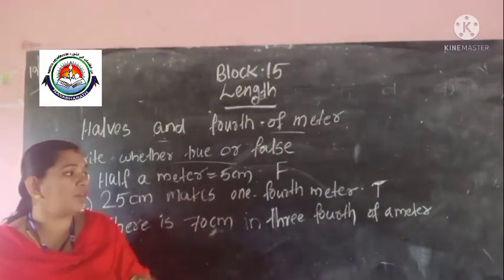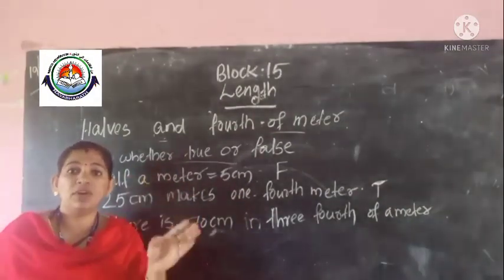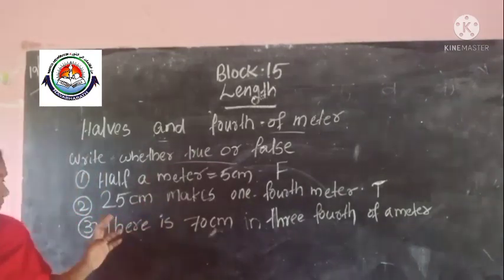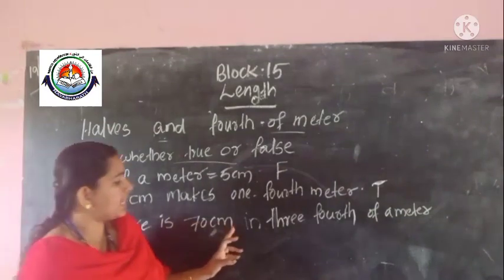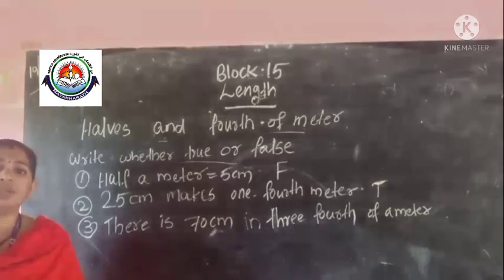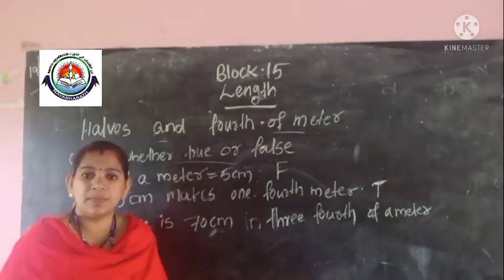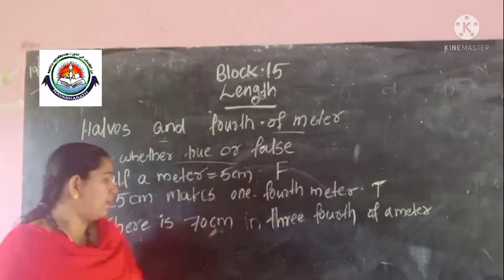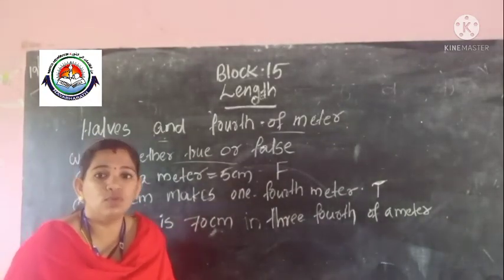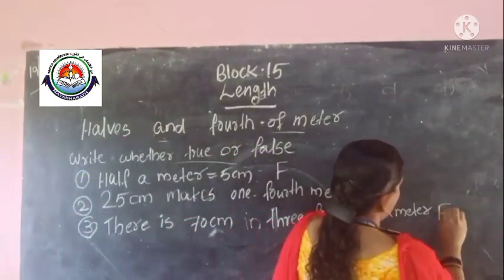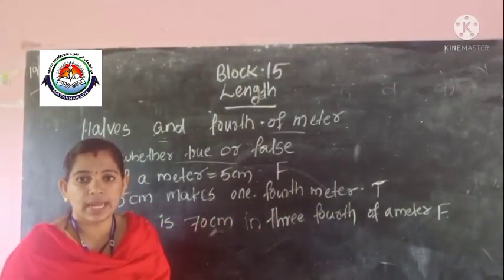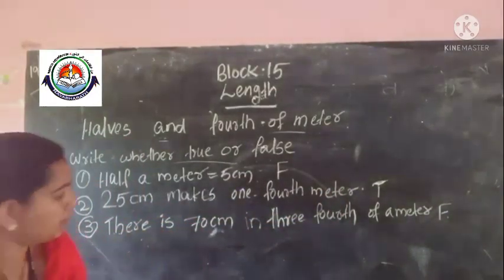Then there is 70 centimeter in 3/4 of a meter. What is the value of 3/4 meter? 75, but here 70 only. Yeah, this is false. So first false, second true, third false. It's clear.